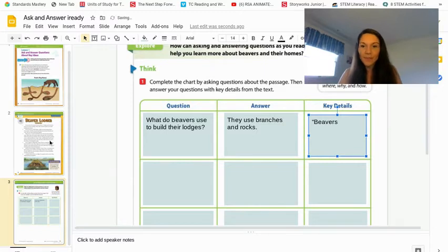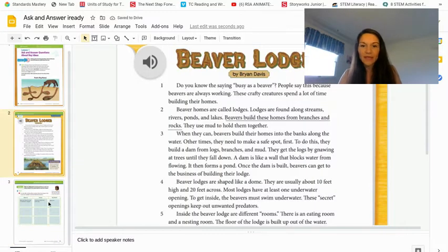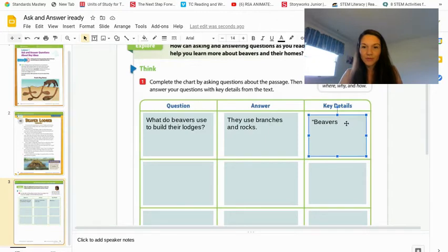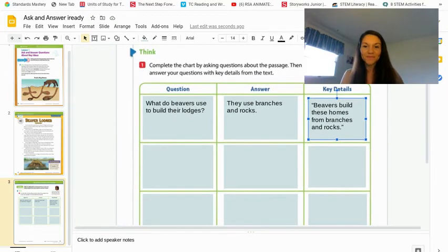Beavers, and I'm going to look back, make sure I copy this exactly. Build these homes from branches and rocks. That's my text evidence. That's exactly what it said in the text. So I do need to have quotation marks around it. That is you saying this is what the author stated in the text. Okay?